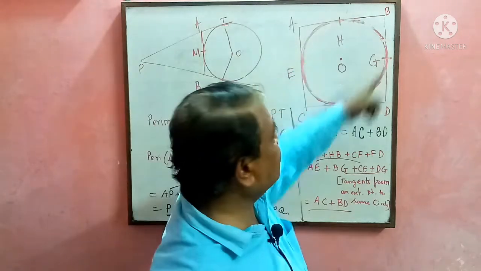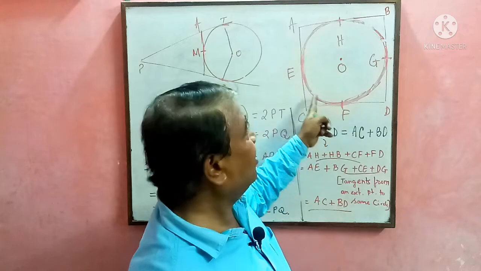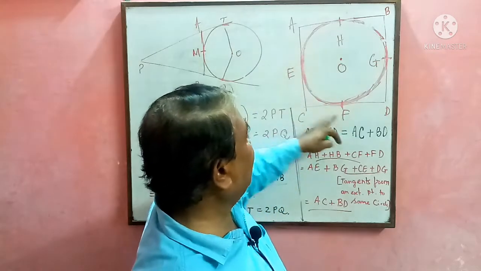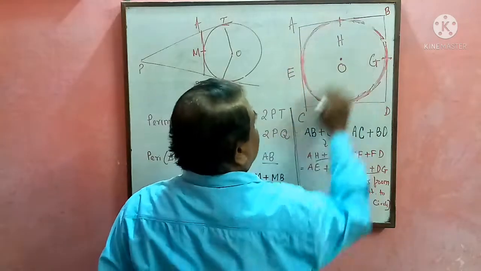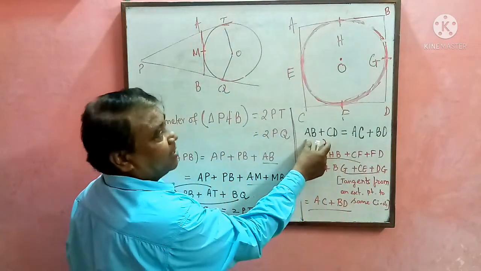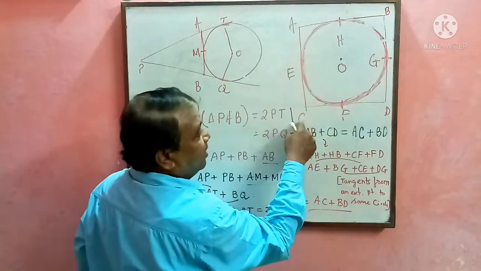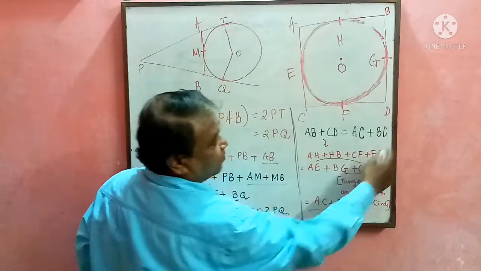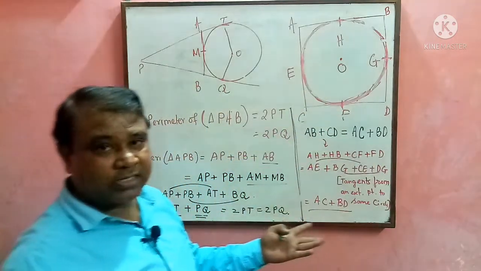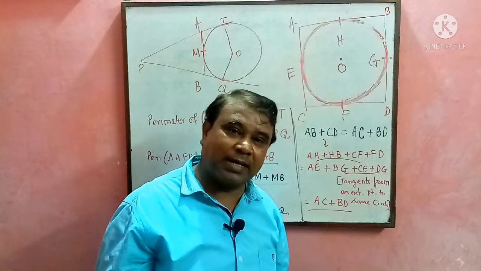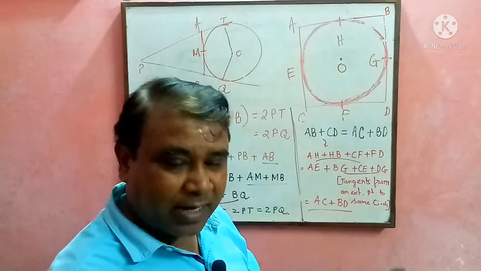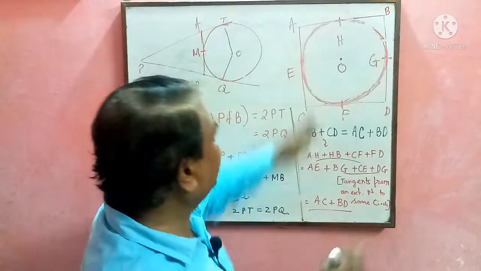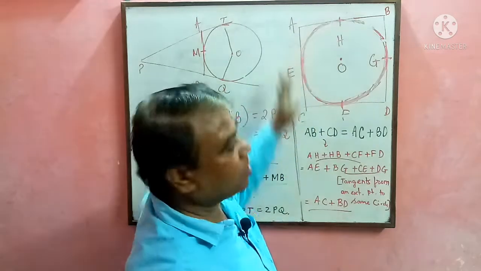If a quadrilateral is circumscribing a circle and touching at E, F, G, H, we can prove AB plus CD is equal to AC plus BD. That means the sum of opposite sides are equal for a quadrilateral that has a circle inscribed inside it, touching all sides.